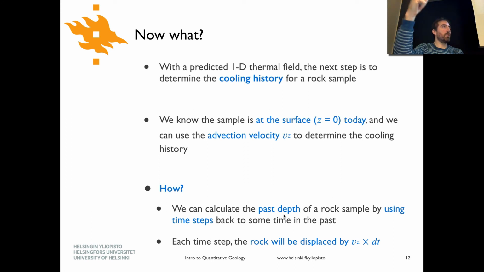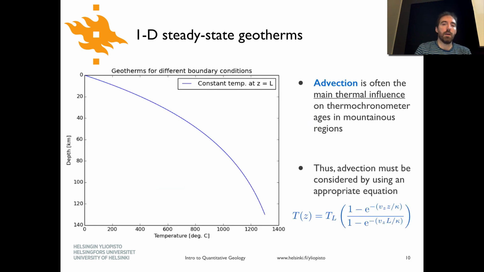So a million years ago, this rock would have been 1 kilometer deeper in the Earth. 2 million years ago, it would be 2 kilometers, and so on and so forth. And we can just figure out now at what depth the rock is at these different times. And if we know what the depth is, and we have a plot like this, for instance, of how temperature changes with depth, we can also say what the temperature was in the past.